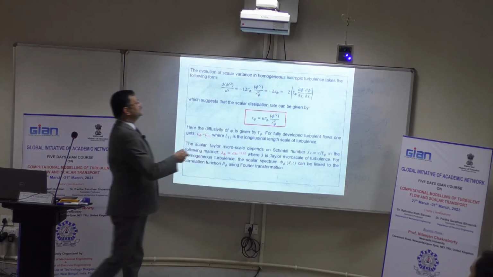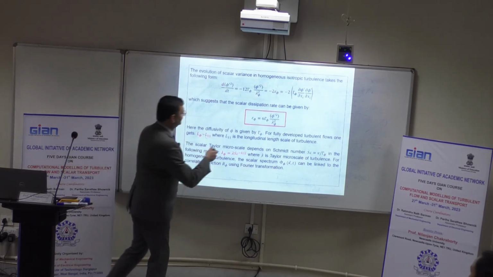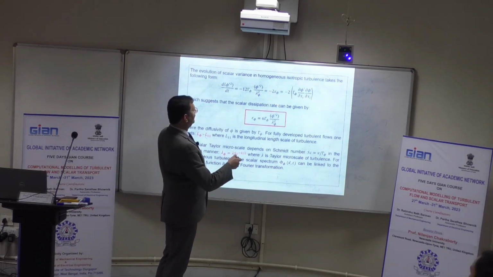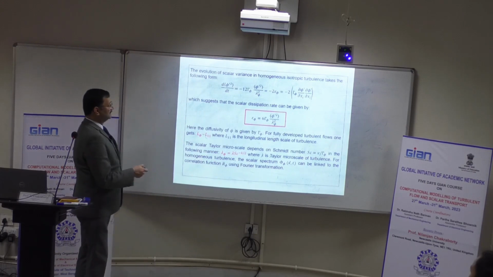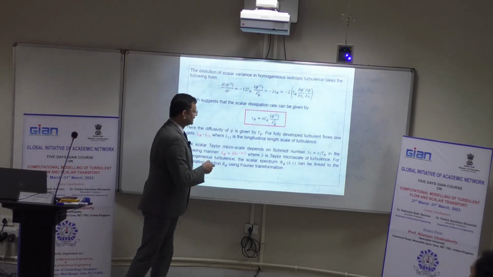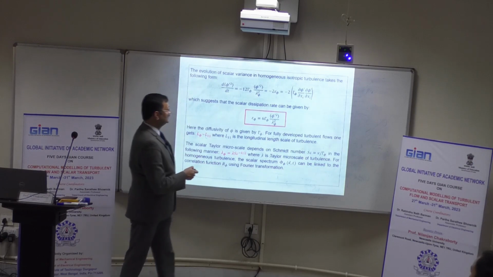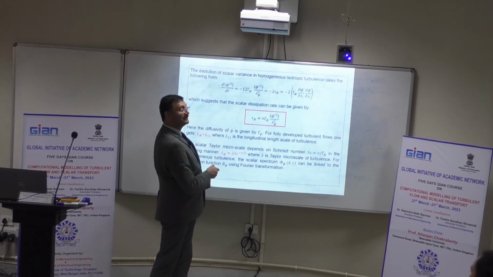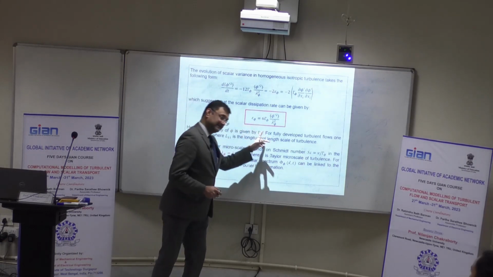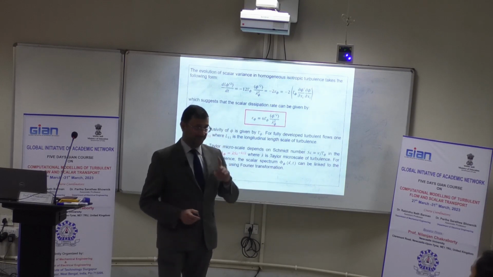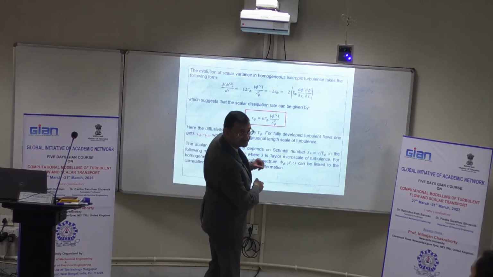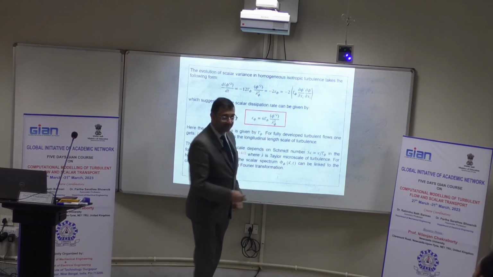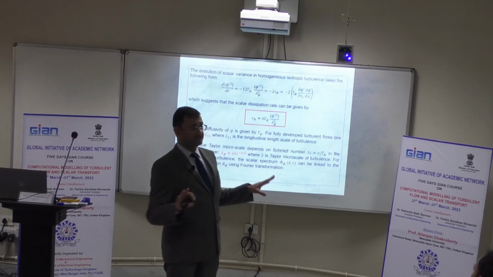And under homogeneous isotropic turbulence, you can show that it takes this kind of form, and from there, effectively, you can define the scalar dissipation rate of a scalar in terms of this, which is the variance, this is the scalar microscale, 6 is the number. Please note in the case of velocity, this number was 15, and here this one is essentially the diffusivity of the scalar in question. Clear?